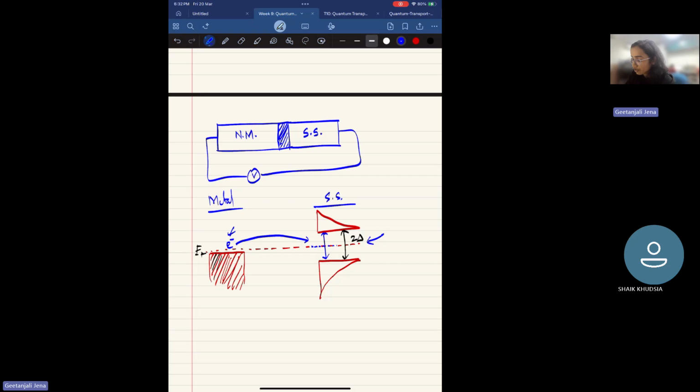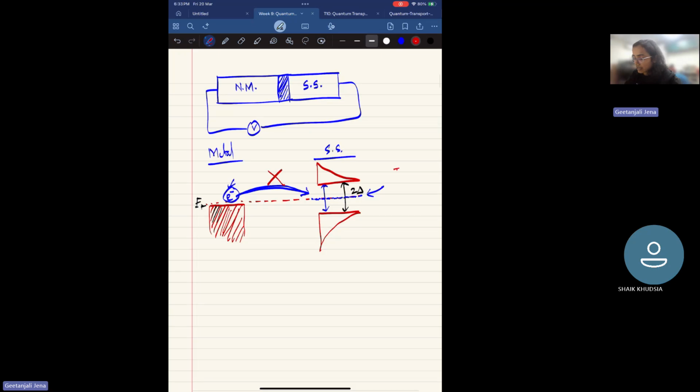Only the state of the Cooper pair, which is two electron states, is allowed. So if you try to move one electron from the metal side to the superconducting side, it's not possible. Ideally, it's not possible because of this superconducting band gap. But this is the ideal case.